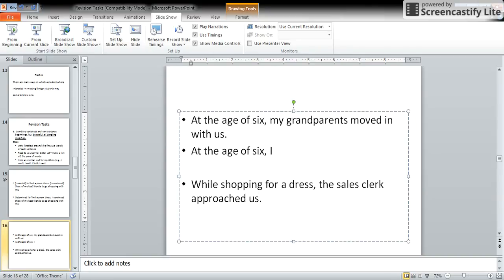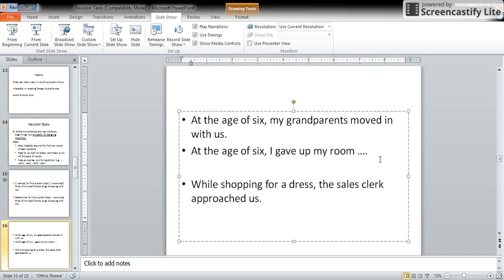So you could say, I don't know, "I gave up my room so that my grandparents could move in." Oops, sorry, I can't type and talk at the same time.